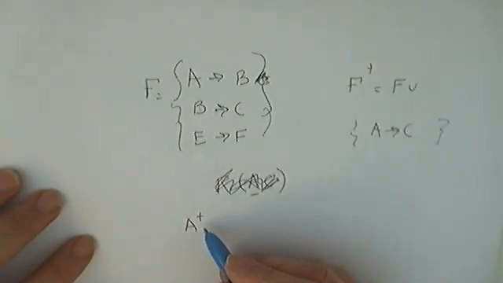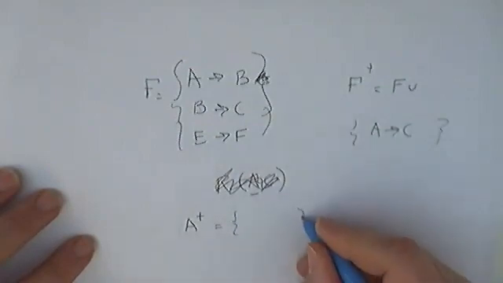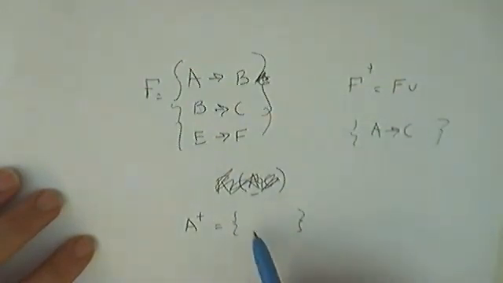Does anybody have an idea what the closure of A is? It's a bit of a trick question. I want literally what is in here. I shouldn't say trick question, but I've seen people get this wrong before, believe it or not.